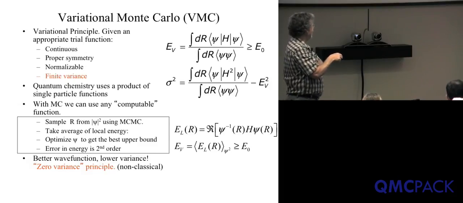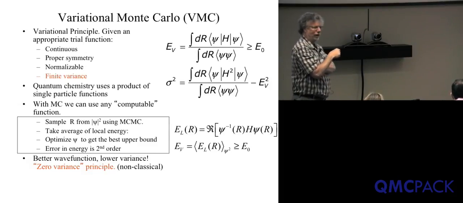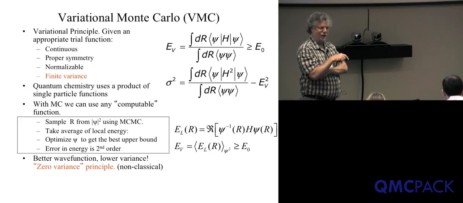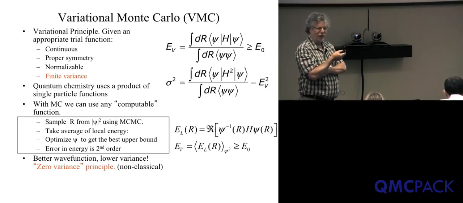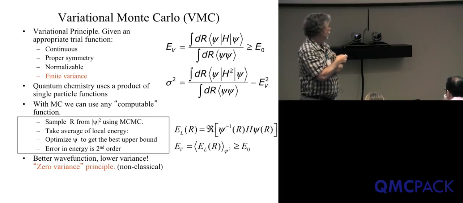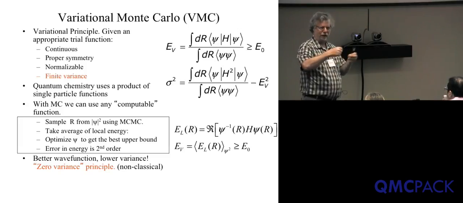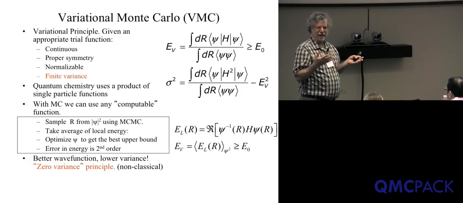So we can use any "computable" function. Of course, I put it in quotes, because I mean something special. What do we have to do in variational Monte Carlo? We do a random walk, we move the electrons, and we have to calculate psi squared. That's what I mean by computable.